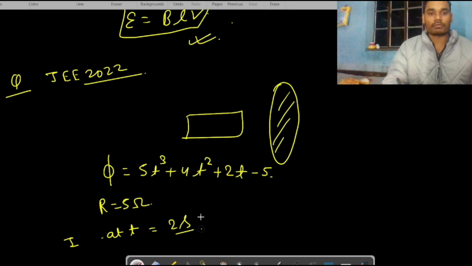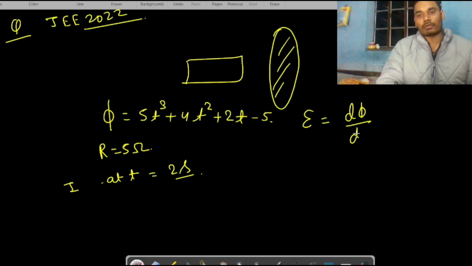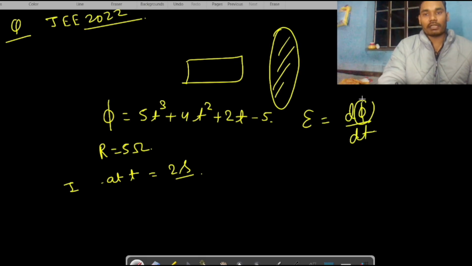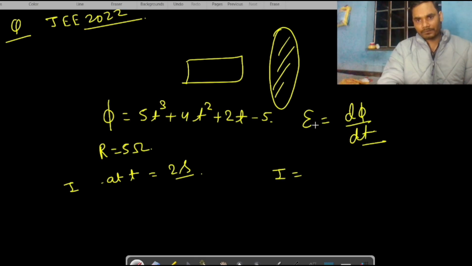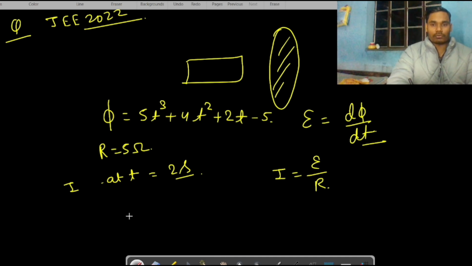Find the induced current at time 2 seconds. We know that EMF is equal to d phi upon dt. So if we differentiate this flux with time, we can find the EMF, and if I divide this EMF by the resistance of this loop, we will get the current.